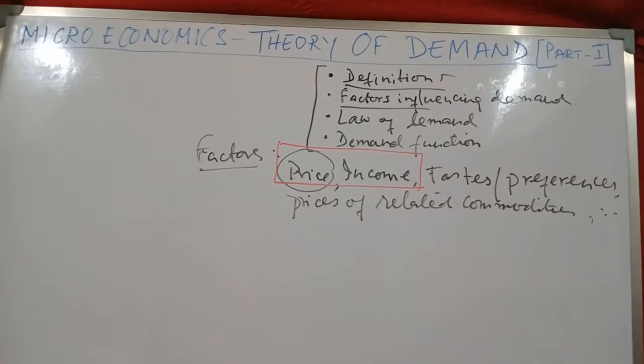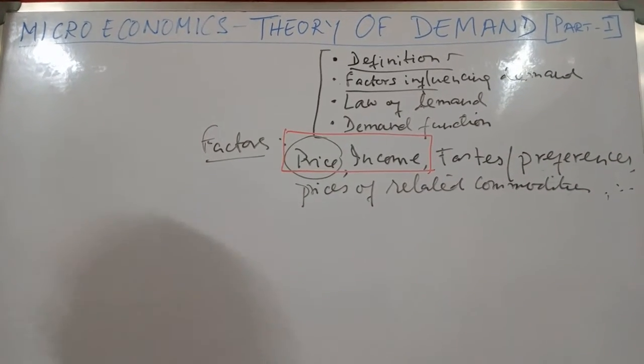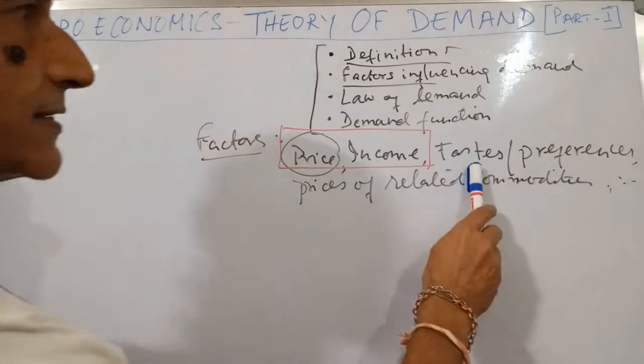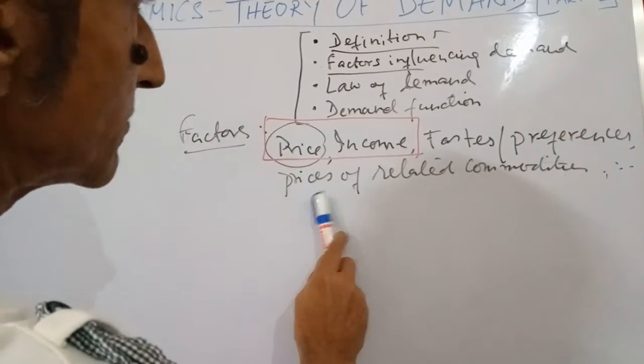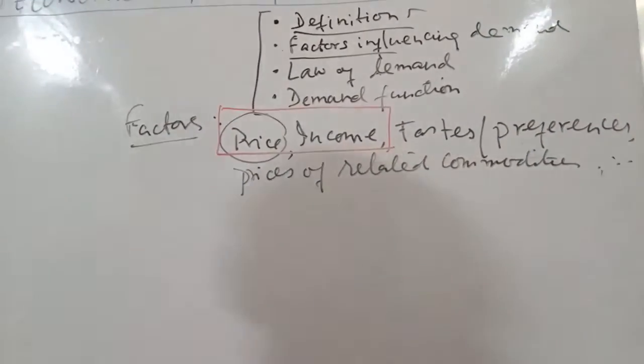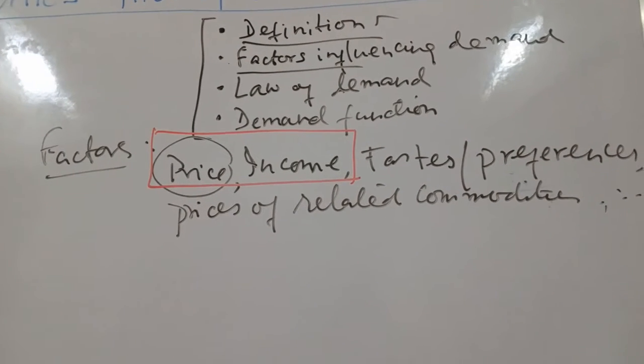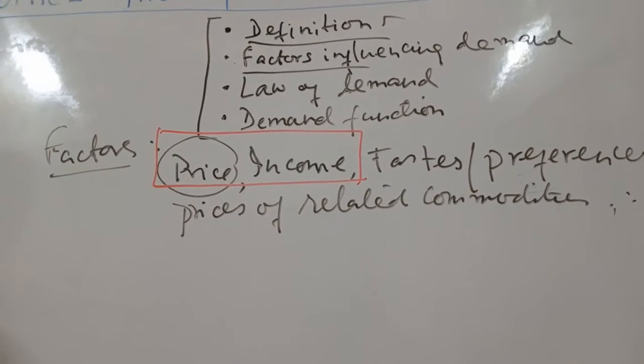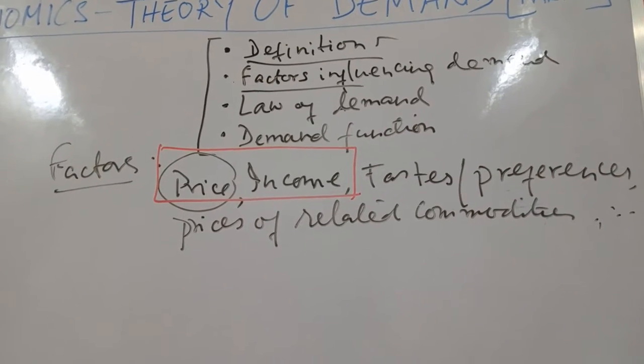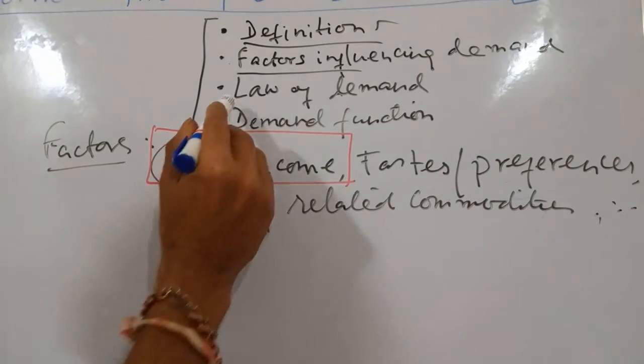That means when other factors, income, tastes, preferences, prices of related commodity, etc., remain constant, then what will be the relation between price of a commodity and quantity demanded for the commodity is stated in the law of demand.